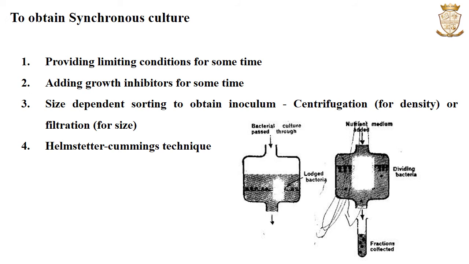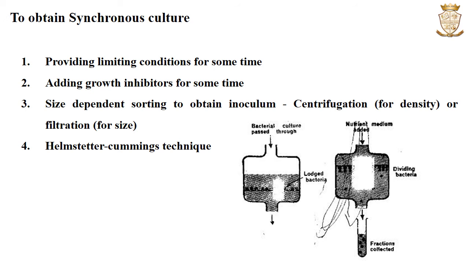So to obtain a synchronous culture, we have to use certain techniques. We may change the external growth conditions to arrest the growth of all the cells in a culture, and we can resume their growth together by reversing the conditions.